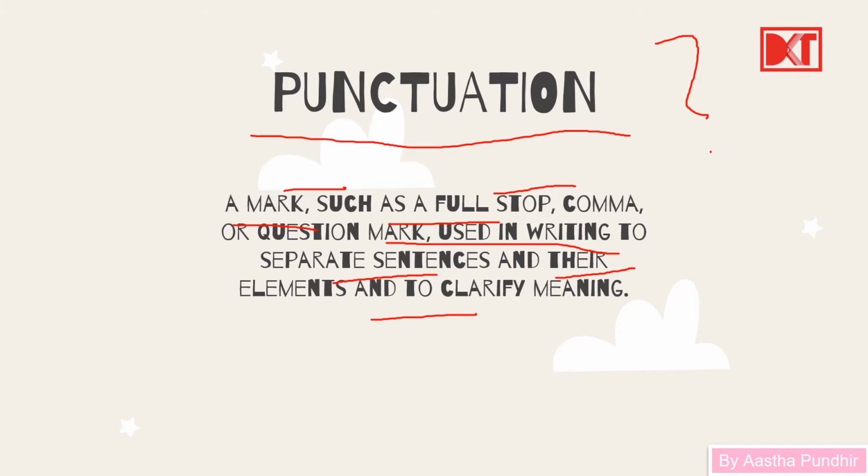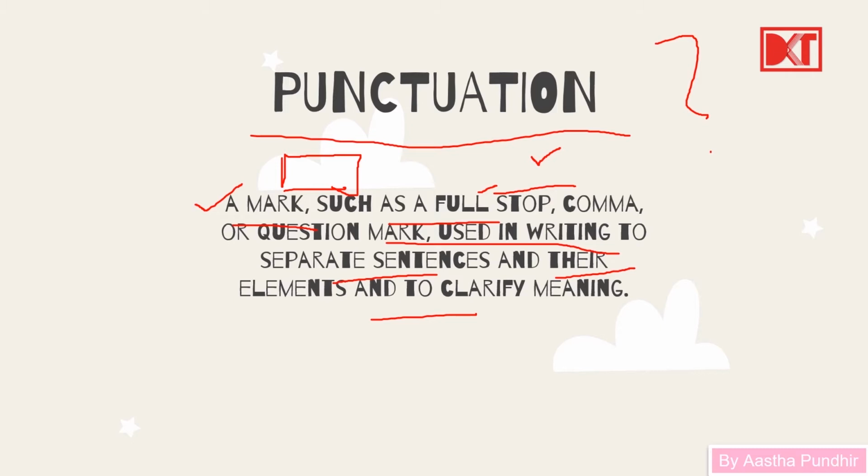So what is punctuation? Punctuation refers to a mark. And what are the examples of such marks? Like full stops, like commas, like question marks. We will be doing further more punctuation marks in the following slide, but this is just a brief meaning that punctuation includes various marks.